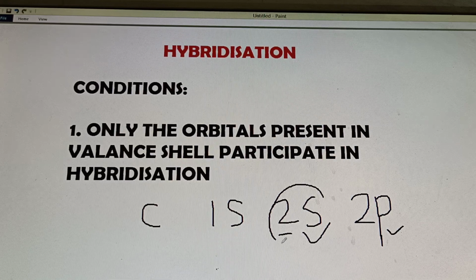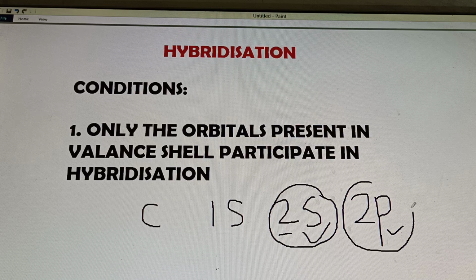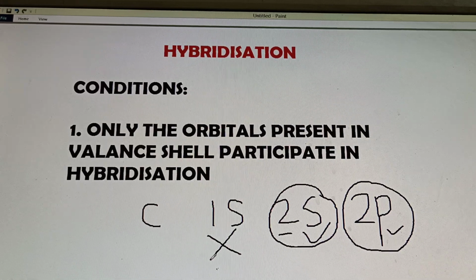So 2s and 2p only can participate in hybridization. The 1s orbital will not participate in hybridization. Only the orbitals present in the valence shell will participate in hybridization. Clear? Okay.